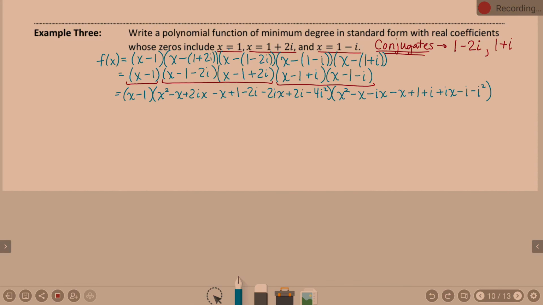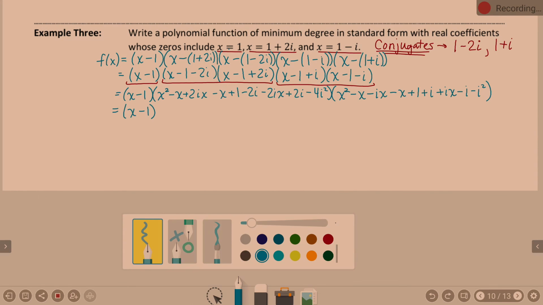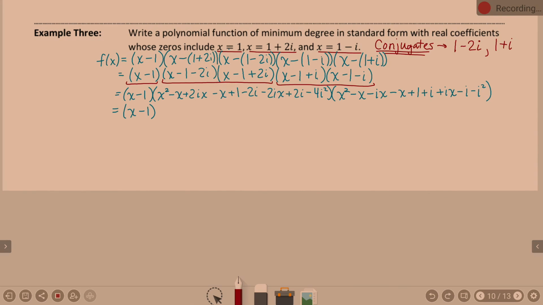This x minus 1 hanging out front is still hanging out front. These 9 terms should simplify into 3 terms. What do you see happening?